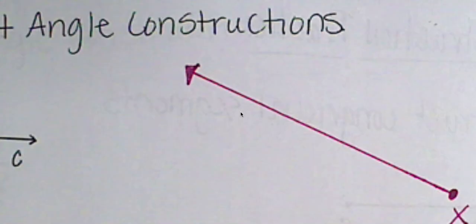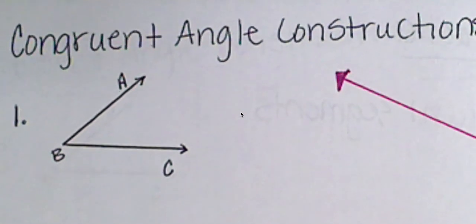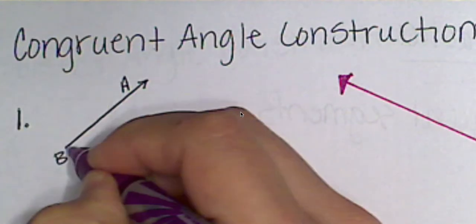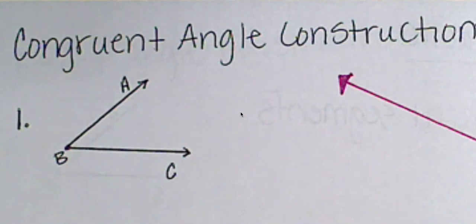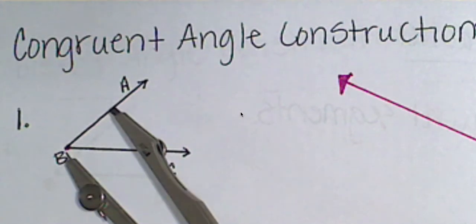The next thing that we need to do is also very similar to the first step in your line segments. We need to create an arc given angle ABC. We will start at our vertex B, and the only difference here is it does not have to be extremely exact. We're using some measurement.